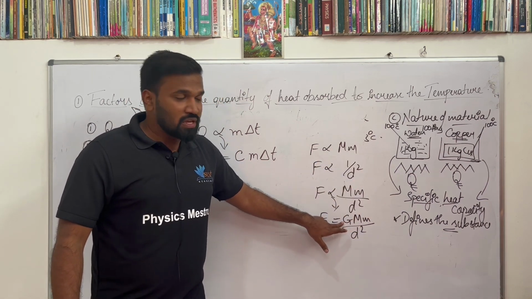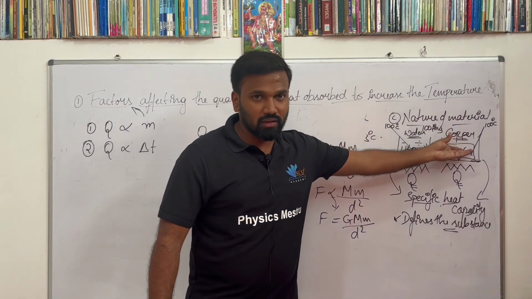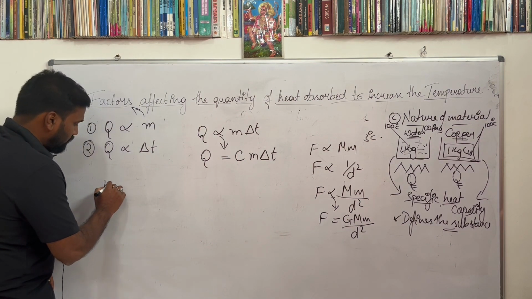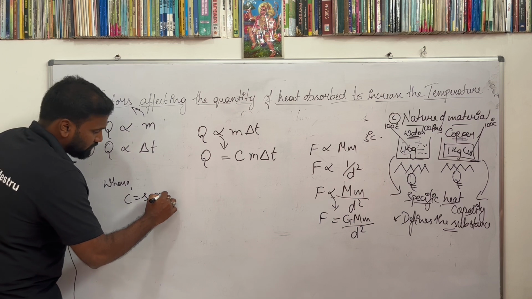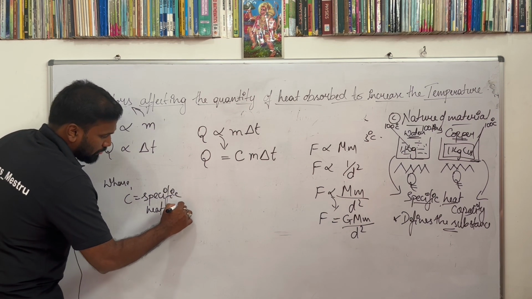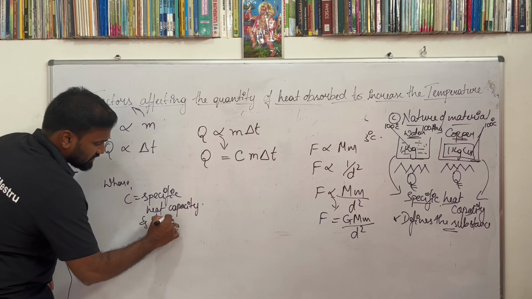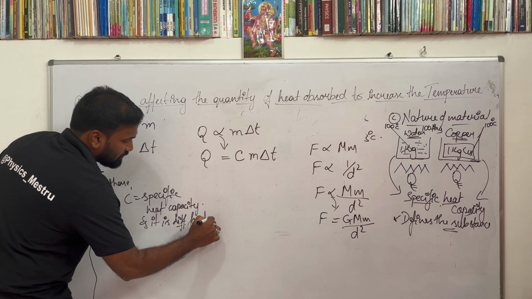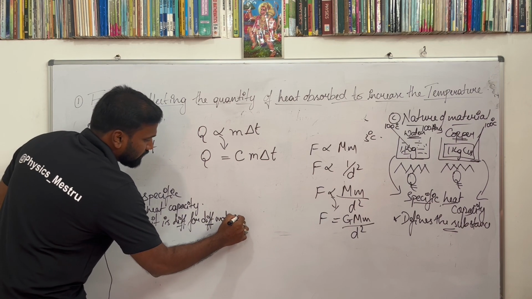But here the specific heat capacity depends on the nature of the material. So hence it is not a fixed value here, where c is equal to specific heat capacity, and it is different for different materials.